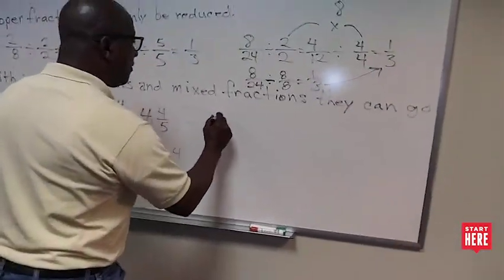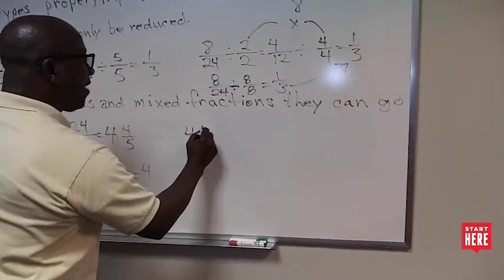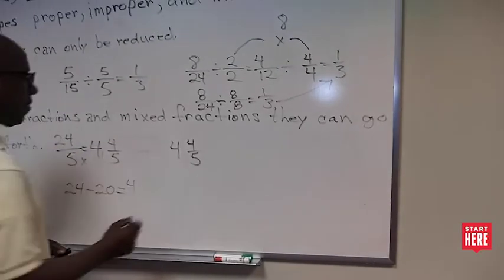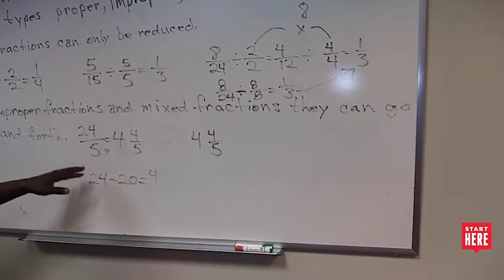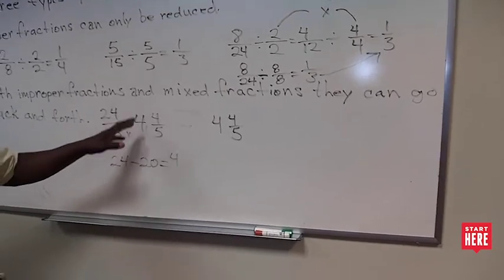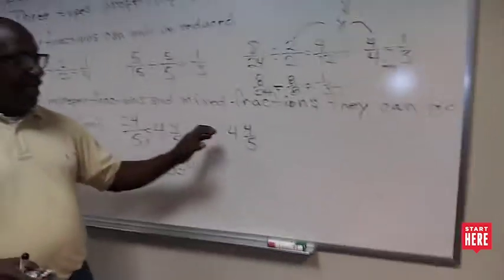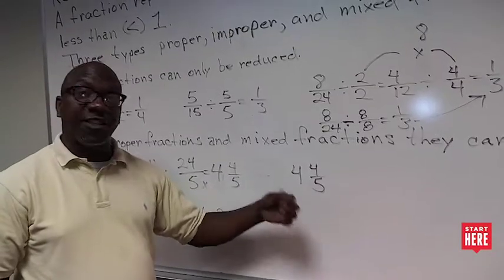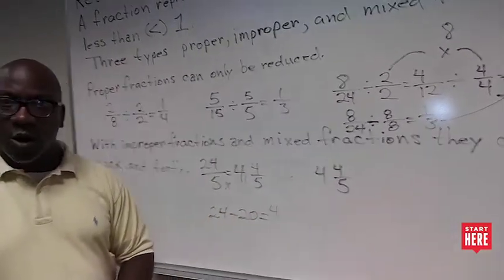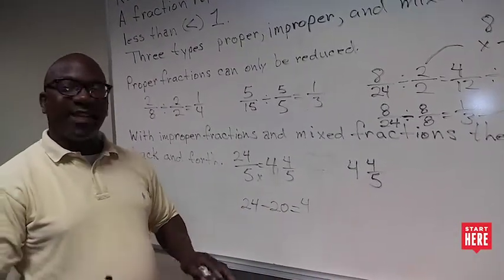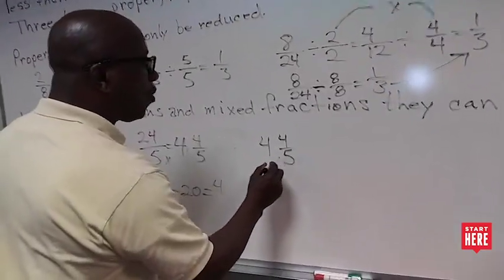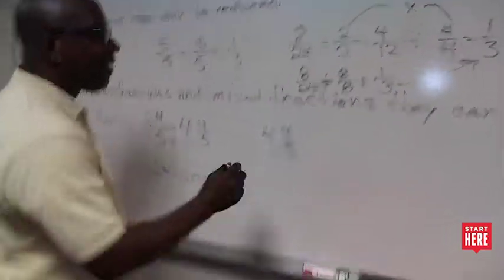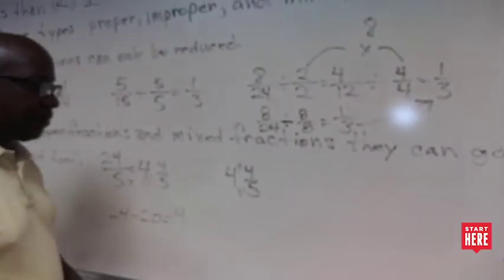Let's start with 4 and 4 fifths. If I can get 24 over 5 to become 4 and 4 fifths, I should be able to get this 4 and 4 fifths to go back to 24 over 5. The process is very easy. We're going to multiply, then we're going to add.